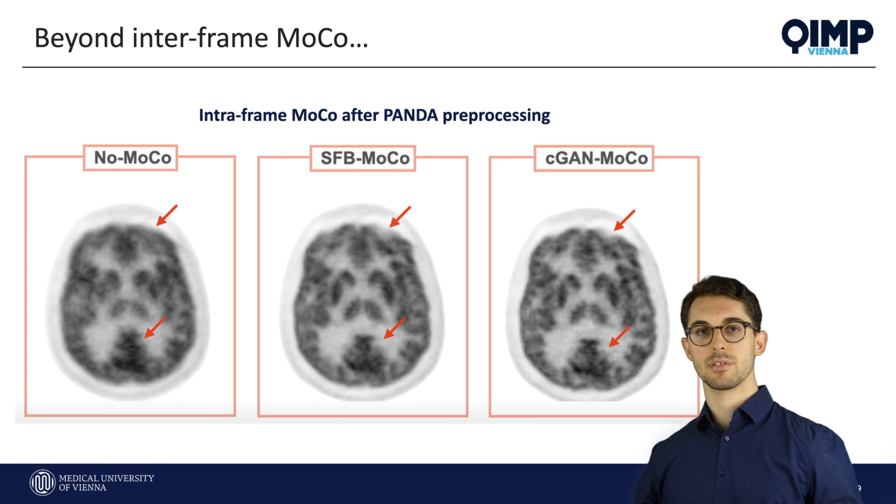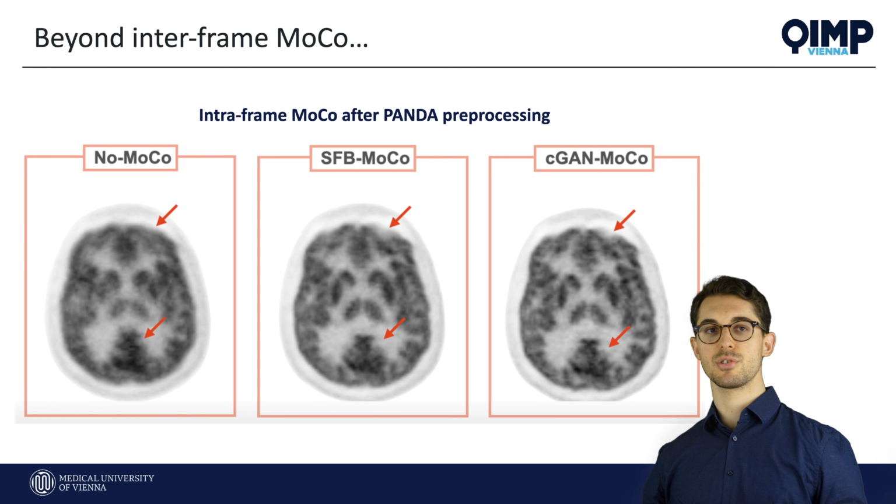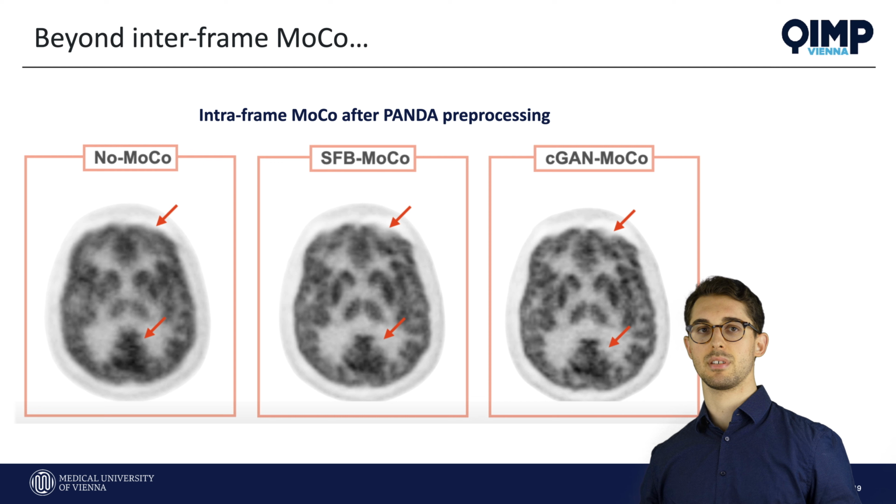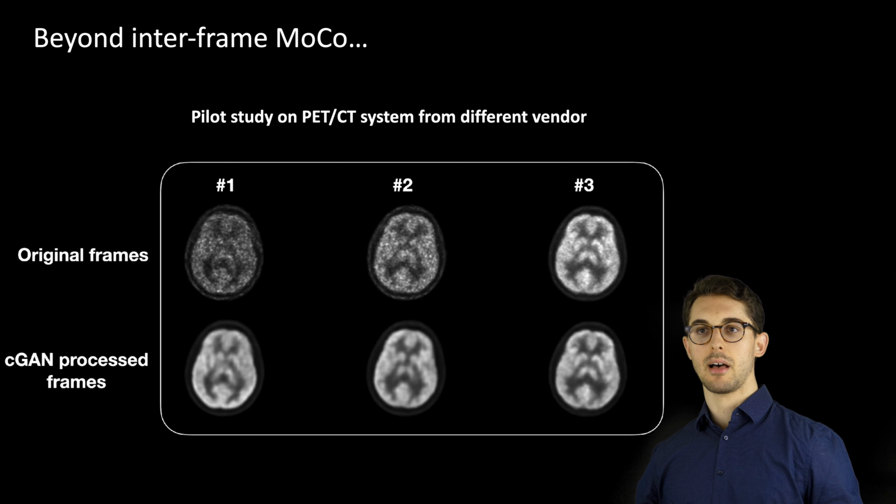After motion correction, we obtain images qualitatively superior to the motion compensated images registered without the PANDA pre-processing. As you can see, the cortex is much sharper after PANDA pre-processing and registration. We also did a pilot study where we applied PANDA on PET-CT data from different vendors, and we obtained high-count PET images without additional training.